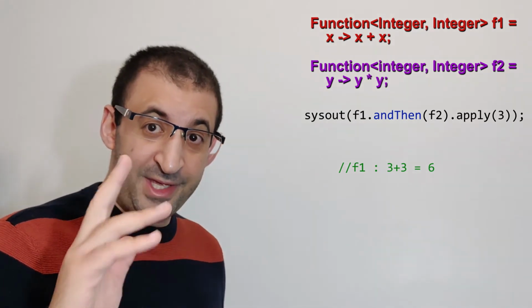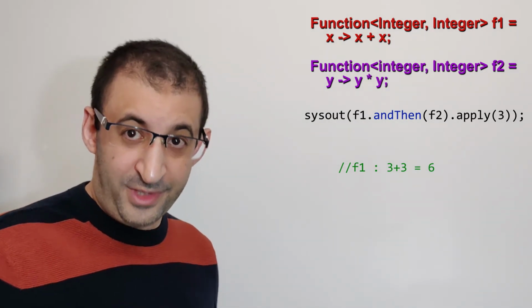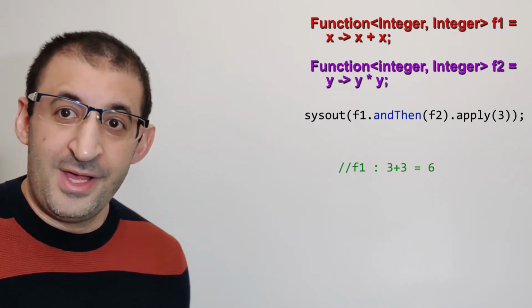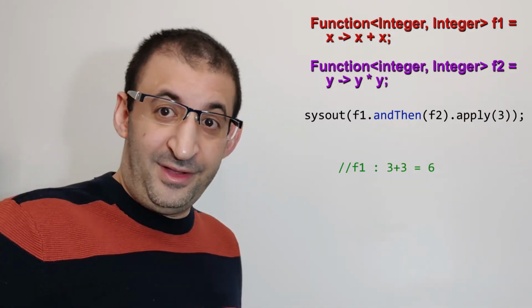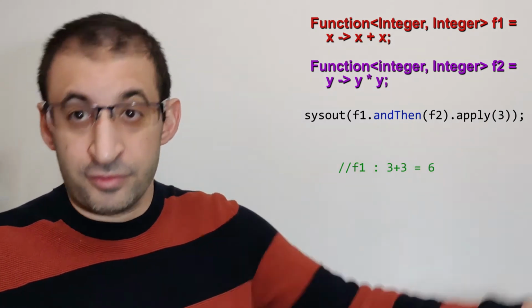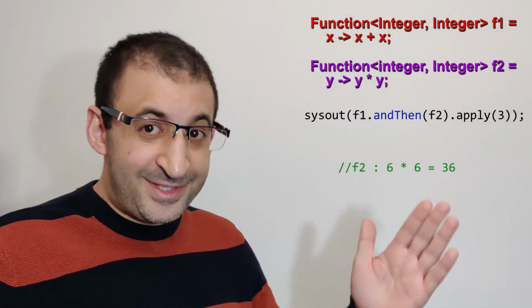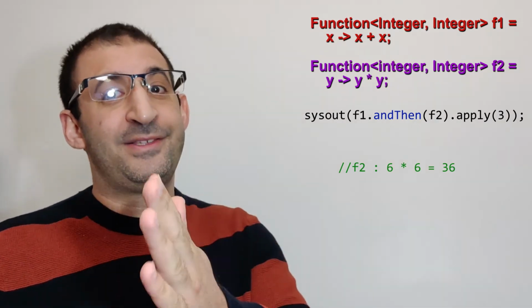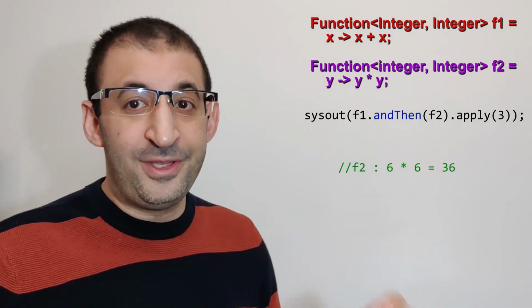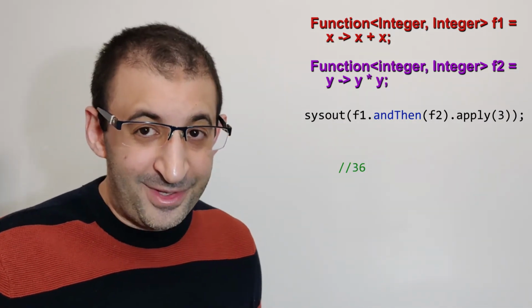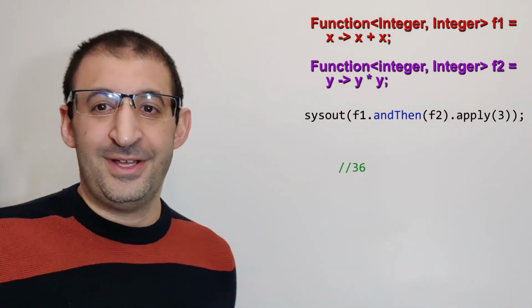I will get 6. After this, it will be followed by f2. So what will I get? 6 multiplied by 6 and the result will be 36. This is for the first one.